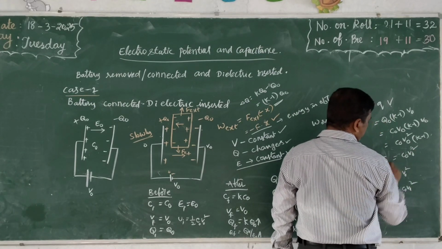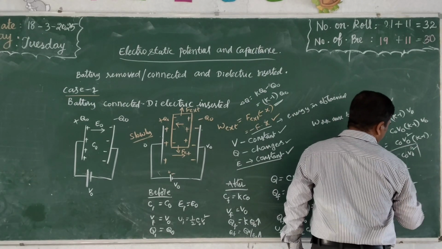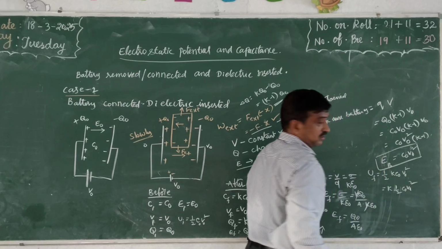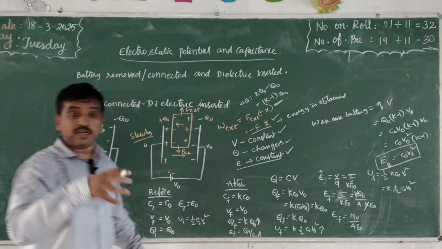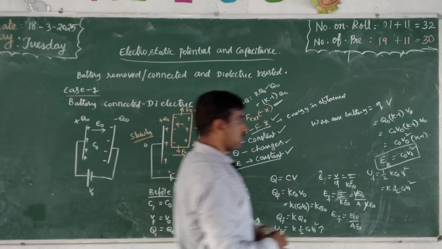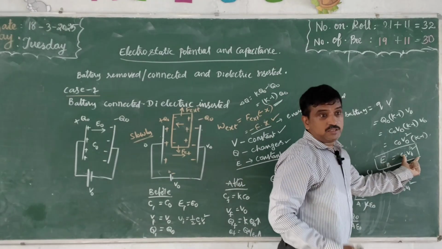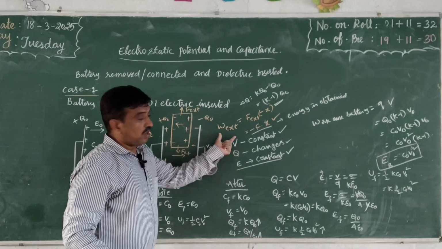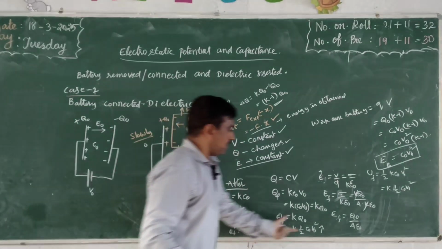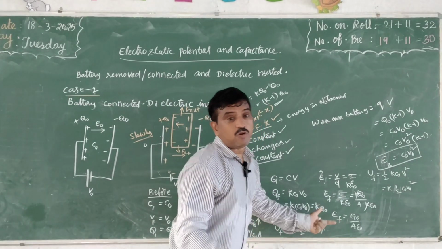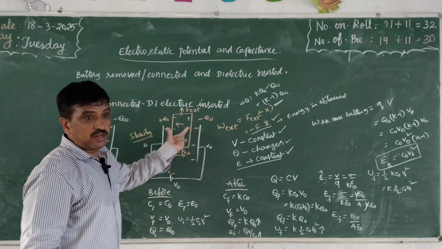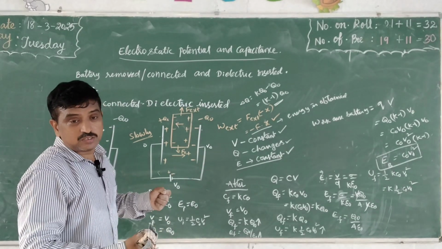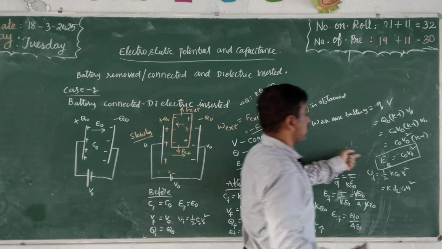What is the energy supplied by the battery? C naught V naught square when the dielectric is inserted. This energy is distributed between the energy gained and the potential energy developed in the capacitor. Both increase because of the energy supplied by the battery.